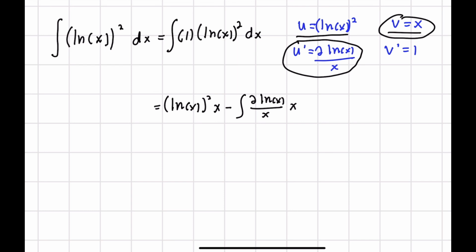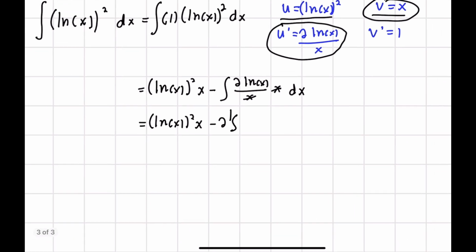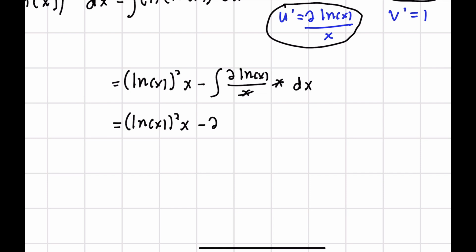And you can see the x's cancel out. And now we just have to evaluate the integral of 2 ln x. So we have ln x to the power of 2 times x minus 2 times the integral of ln x.